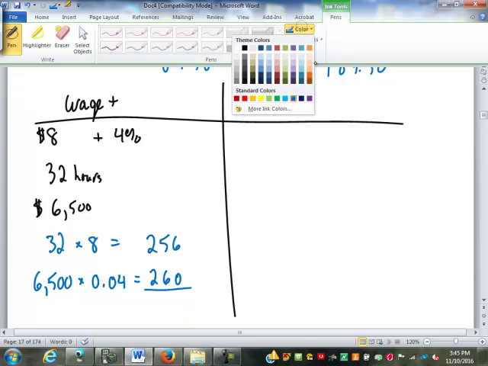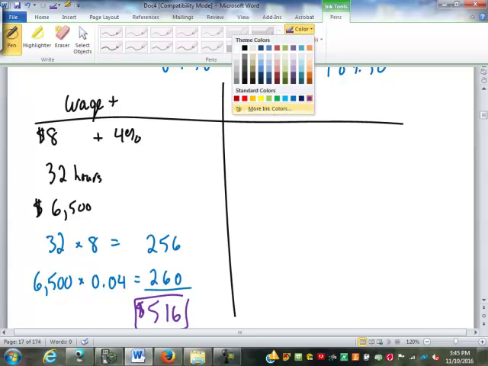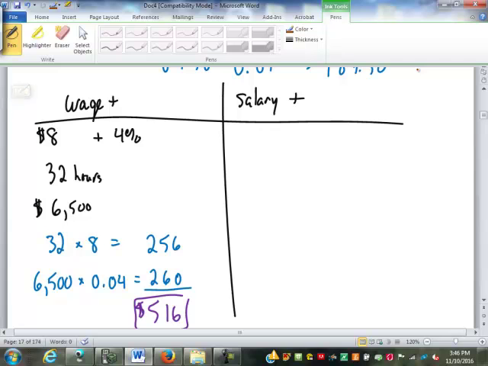We add those together, we get a total of $516 for the week. What do you think? Not so bad?